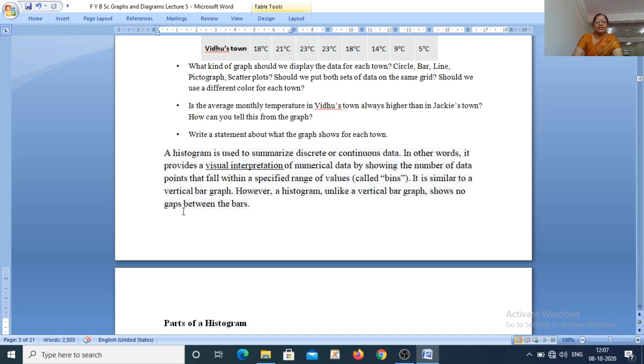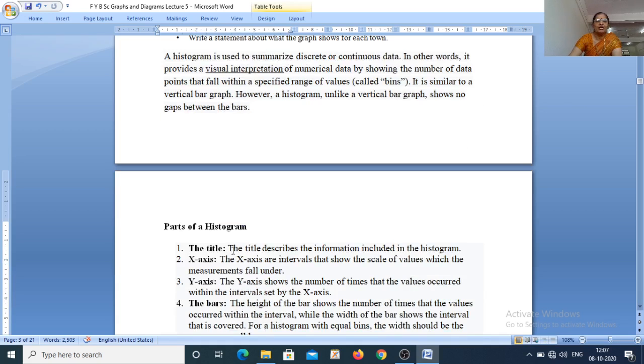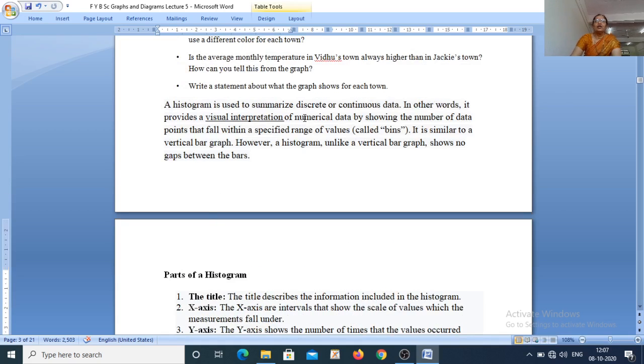So this is called a histogram. Histogram is again very important in order to see the center of your data set, spread of your data set, and shape of your data. So histogram is very important from this point of view.